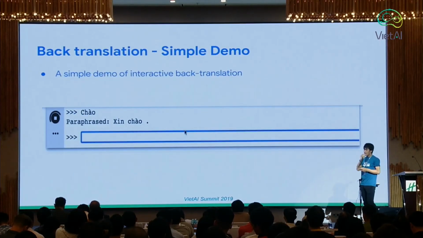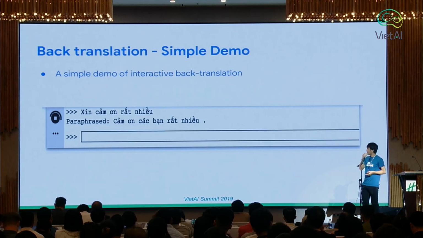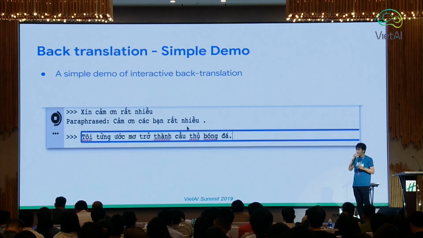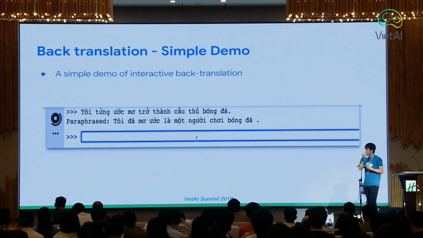And we also wrote Colabs that can perform backtranslation interactively. For example, you can type any input in Vietnamese, and we will output the paraphrase immediately.